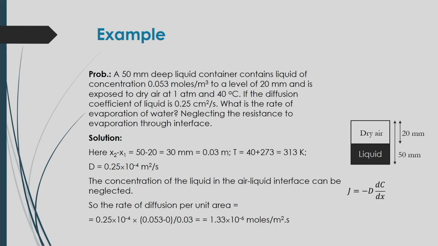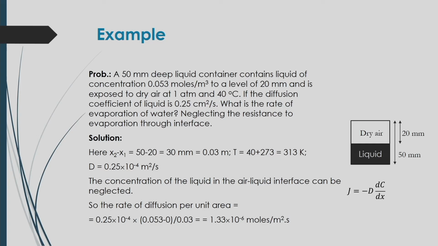Very interesting that the liquid with concentration 0.053 is exposed to the dry air, and because of this diffusion the liquid will be evaporating to the atmosphere, and you have to find out what should be the rate of evaporation of this water.